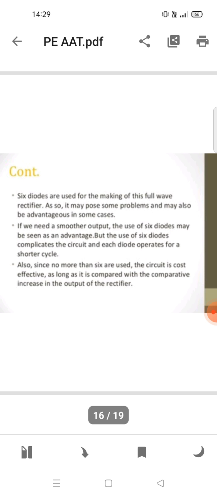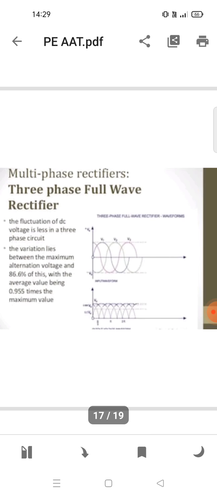If we need a smoother output, the use of six diodes may be an advantage, but it complicates the circuit, and each diode operates for a short cycle. Also, since no more than six are used, the circuit is cost efficient compared with the increase in the output of the rectifier.